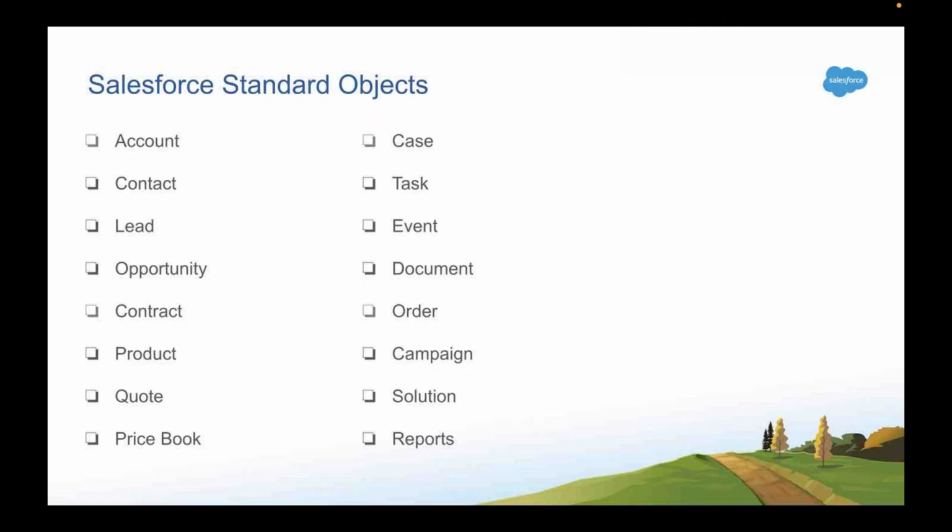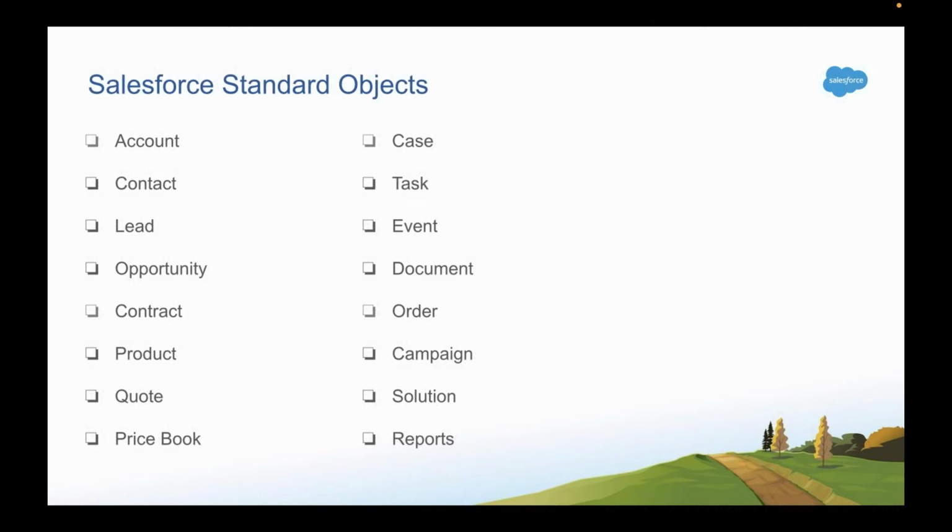All these objects have their own unique purpose and functionality, and are also defined based on the cloud. We've seen sales cloud, service cloud, and other clouds like marketing cloud. Some objects are common, and some are based on the cloud we are using. Let's see what objects we have.